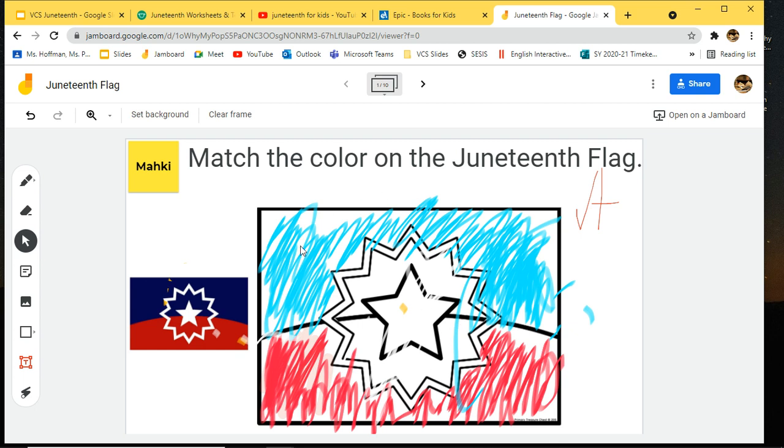I copied and pasted it into Jamboard, which is jamboard.google.com. And I also looked for an actual image of the flag and pasted it next to it. So this particular student was asked to match the colors on the Juneteenth flag, in which he had the model here. He was able to color blue, red, and you may see a little bit of white here as well.